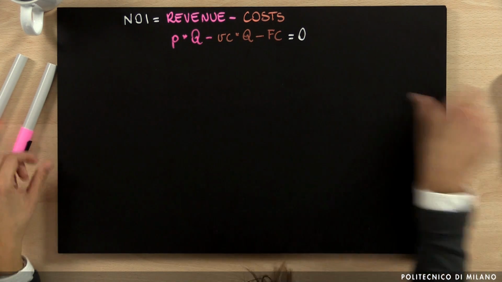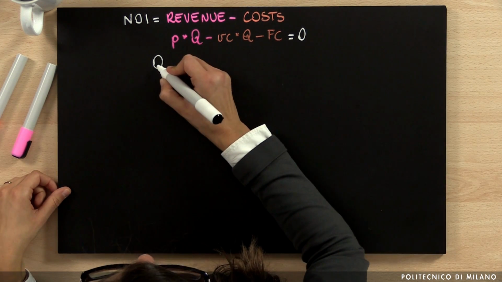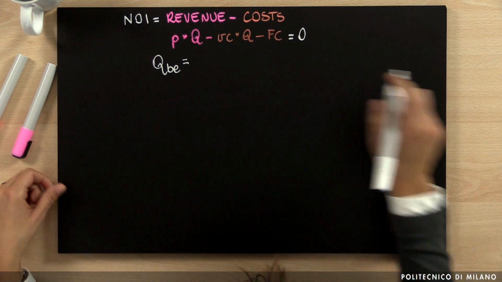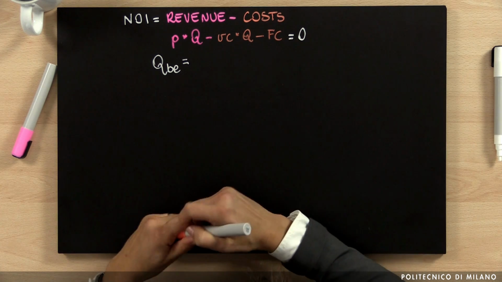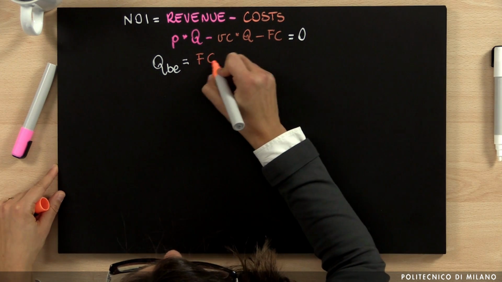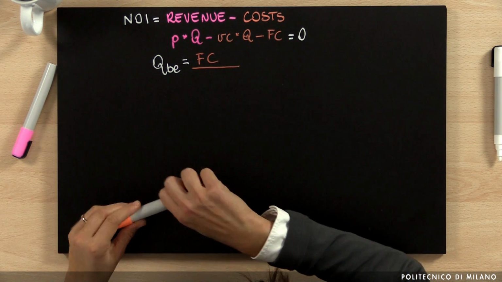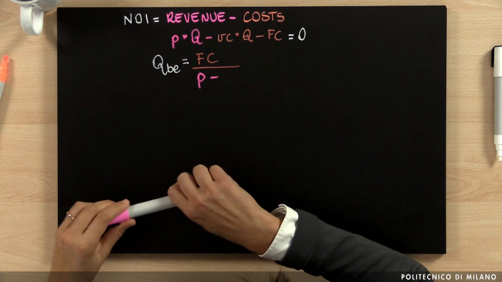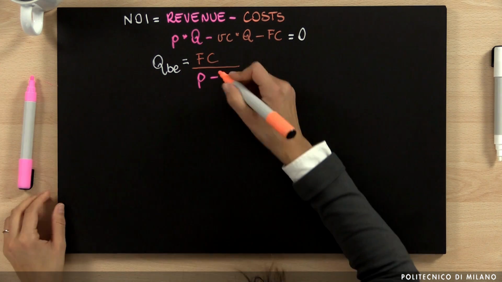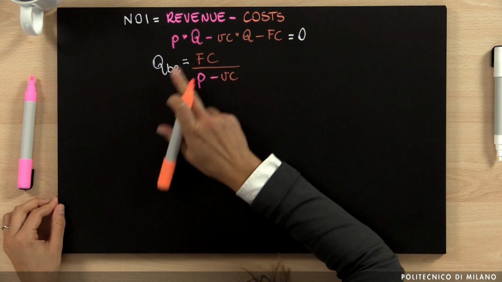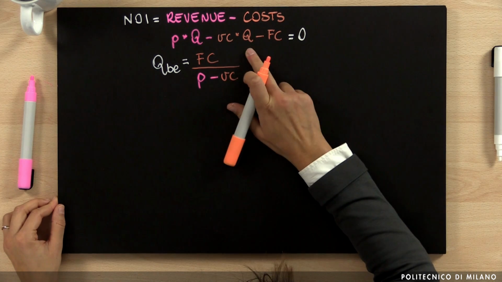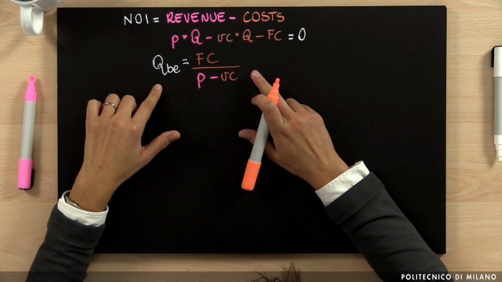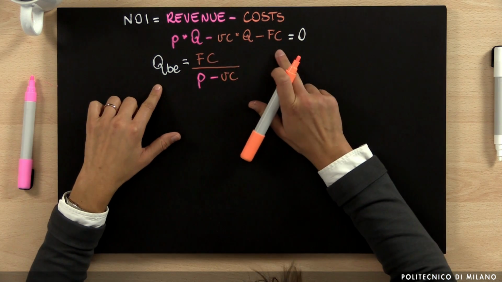So if we solve this formula for Q, which we define as the quantity to break even, we will have that the quantity to break even is equal to the fixed cost divided by the price minus the variable cost. We have just solved this formula with respect to Q. In this way, the value that we obtain is the quantity at which total revenue equals total cost.